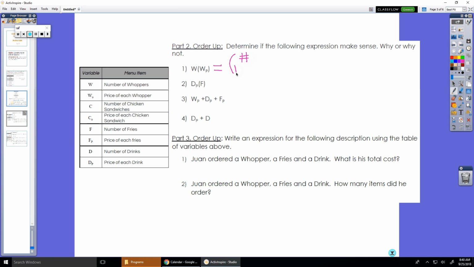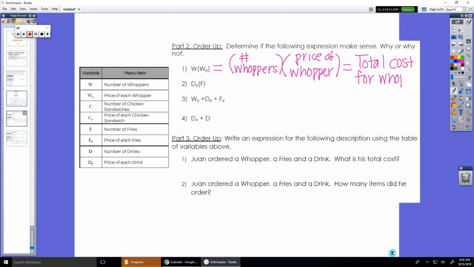So we're taking the number of Whoppers and multiplying it by the price of a Whopper. So does this make sense? Well, yeah, it gives us the total cost for your Whopper purchase.